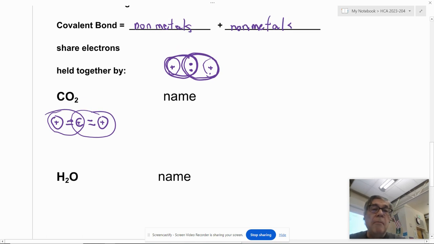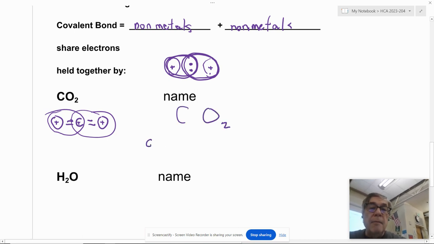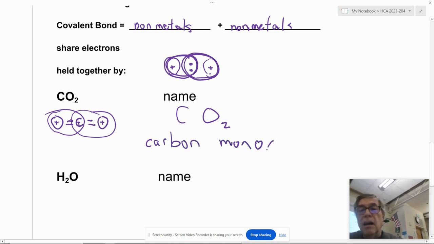Now, naming. Once again, this is a different kind of compound, so it's going to have a different naming system. And we'll learn this next week. This is kind of foreshadowing that if we have CO2, its name is going to be carbon monoxide.